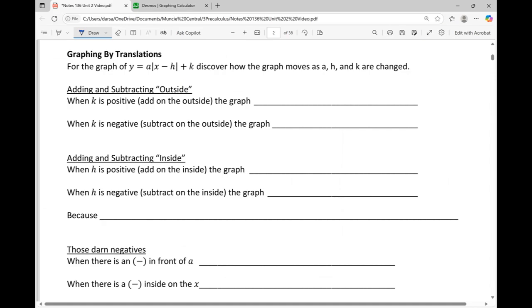So when k is positive, meaning you add a number on the outside, that is going to shift the graph up by whatever that number k was. If we are subtracting on the outside, we're going to shift the graph down by that amount k.